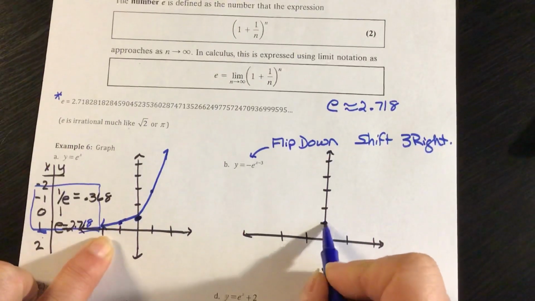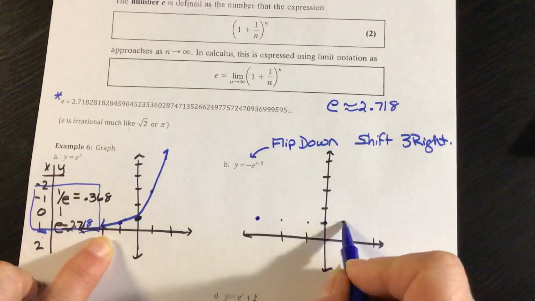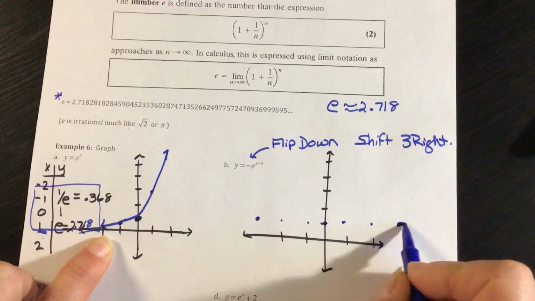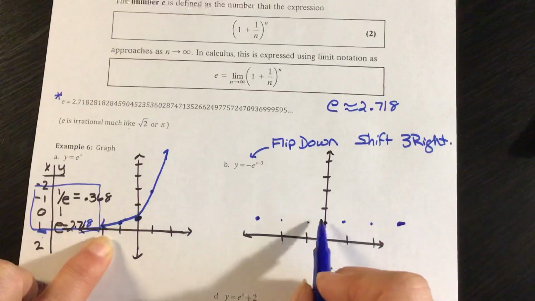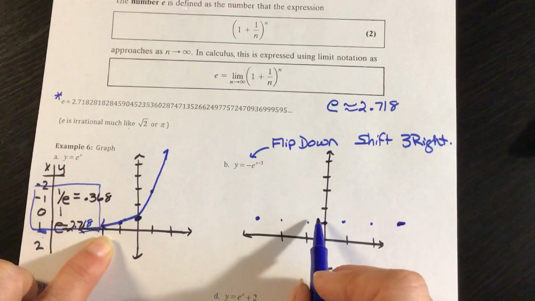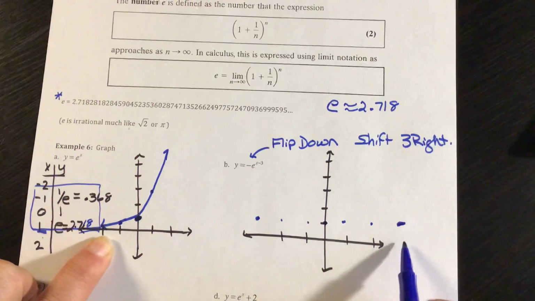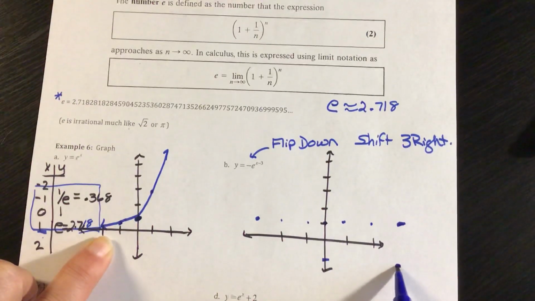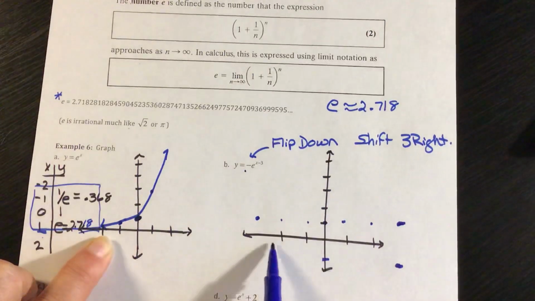So instead of 0, 1, I'm going to go 3 to the right. Sorry, 1, 2, 3. So here's that 3. And it is going to shift down, and that's going to be reflected over the x-axis because of the negative sign here.